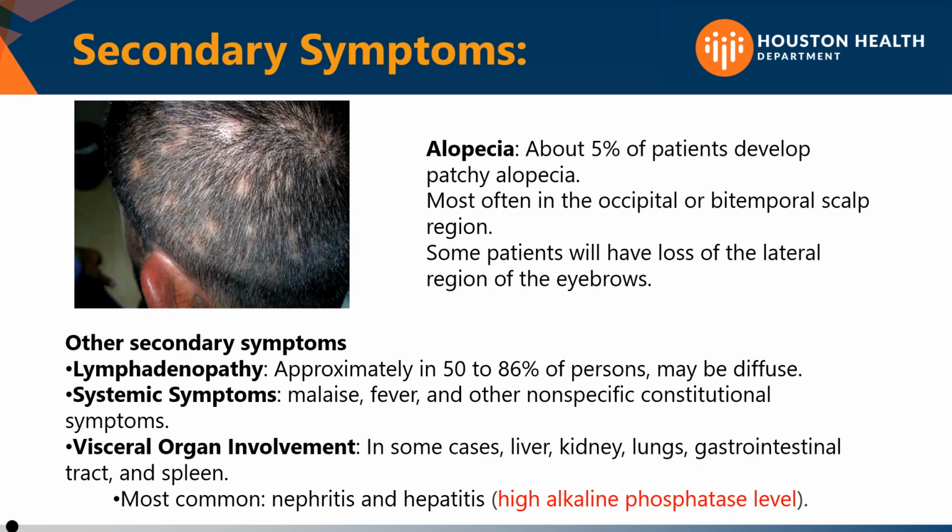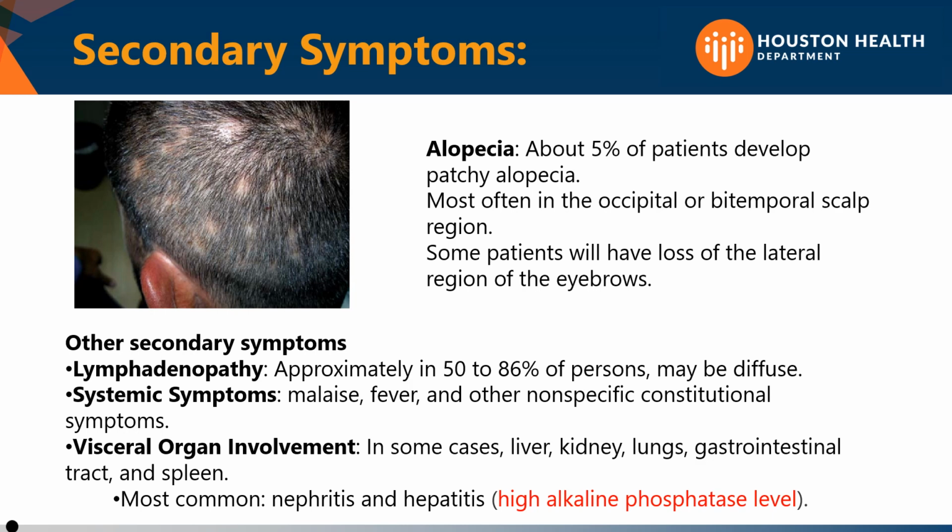It's also called the moth-eaten type alopecia, and it's basically going to appear in areas of the scalp, like the back of the head or occipital region, or on the sides of the head or temporal regions. Also, we might see that some patients will have loss of the lateral region of the eyebrows, and this is also considered alopecia.